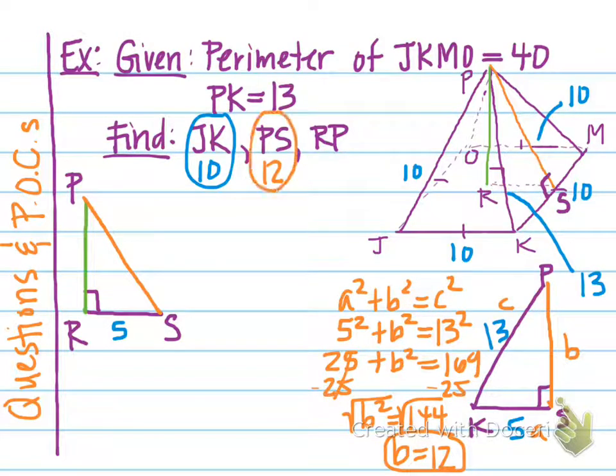So PS is 12. Now that we know PS, we can go to our other triangle, and we can put 12 here. And we can use that along with the 5 to find our green side, which is actually the altitude or the height of the pyramid. And that is PR. So let's go ahead and do that now.